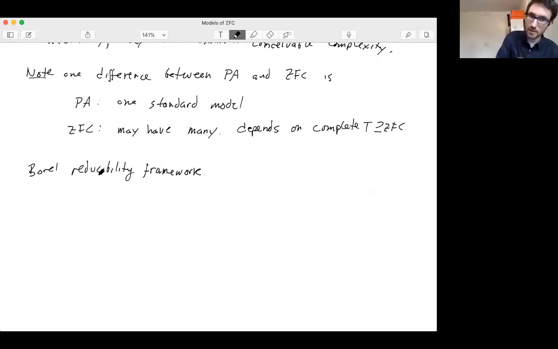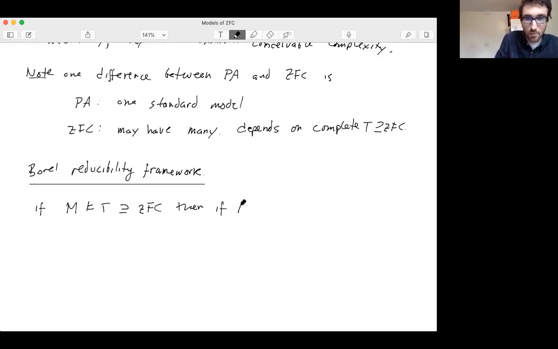If M is a model of T extending ZFC, then if M is countable, we may assume its domain is the natural numbers.